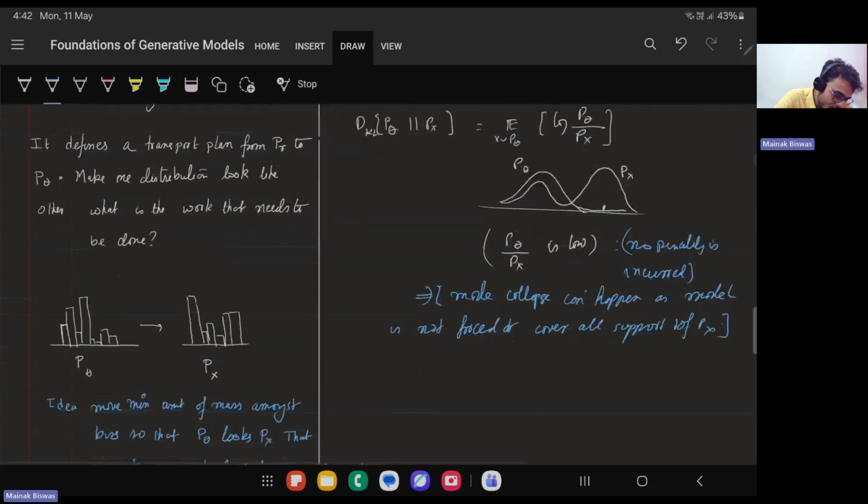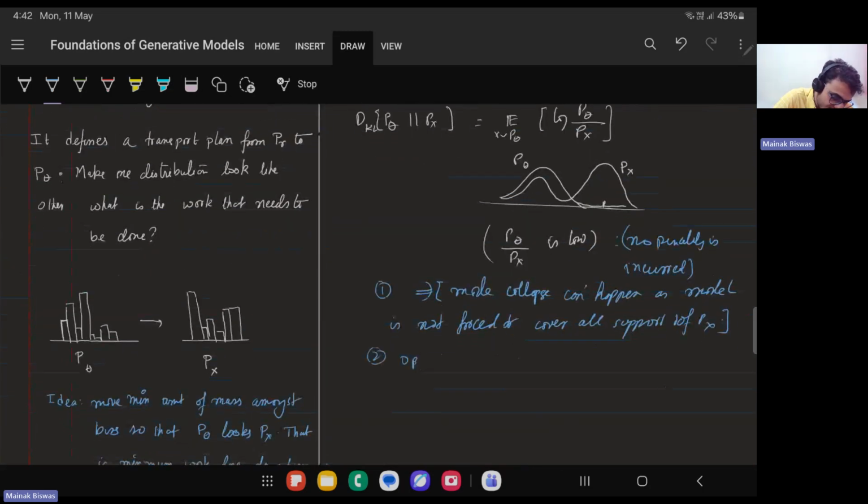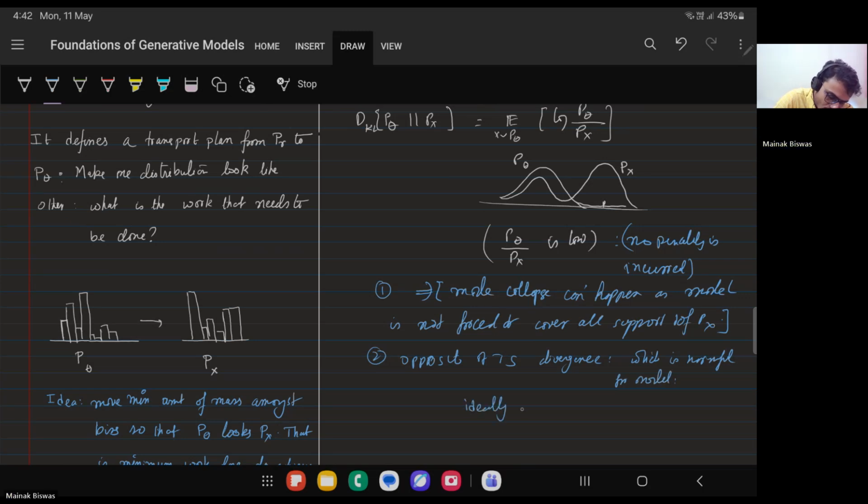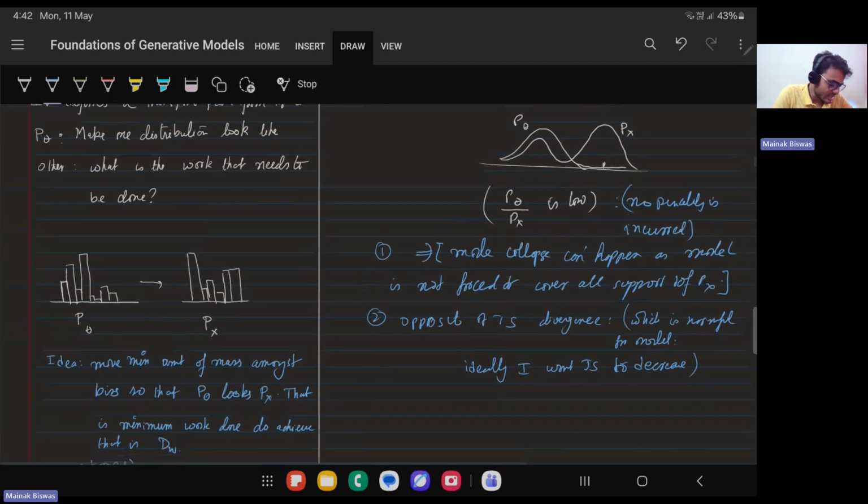Similarly, this is my one problem, and the second problem is the opposite of the JS divergence. The gradient is the opposite of JS divergence, which is harmful for the model. Because ideally I want JS to decrease and Goodfellow increases it.